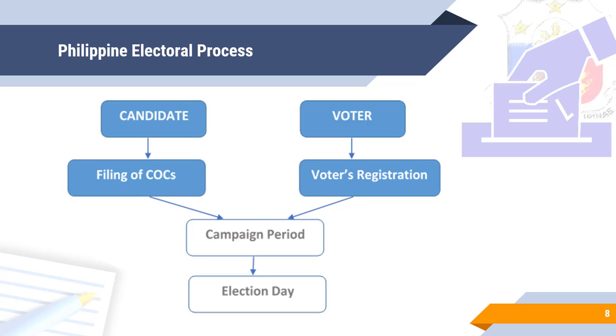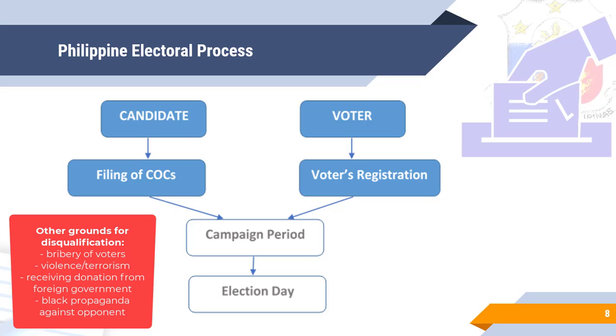COMELEC checks all of the aspiring candidates and their requirements. Some of them are considered nuisance candidates and are disqualified. Other grounds for disqualification are bribery of voters, engaging in acts of violence and terrorism, receiving donations from foreign governments, and engaging in black propaganda against a fellow candidate.